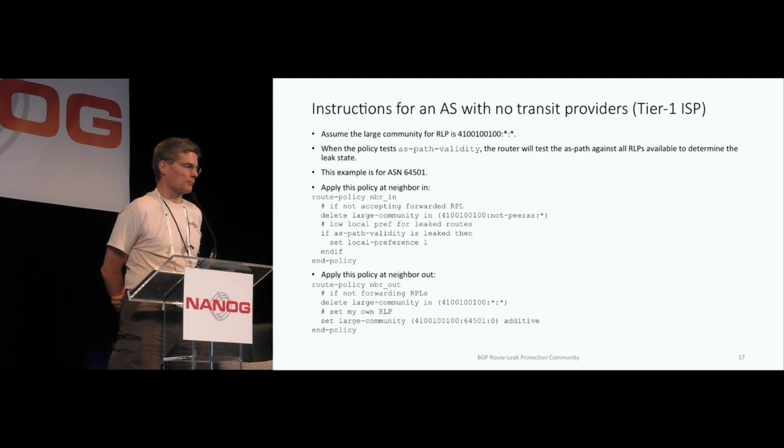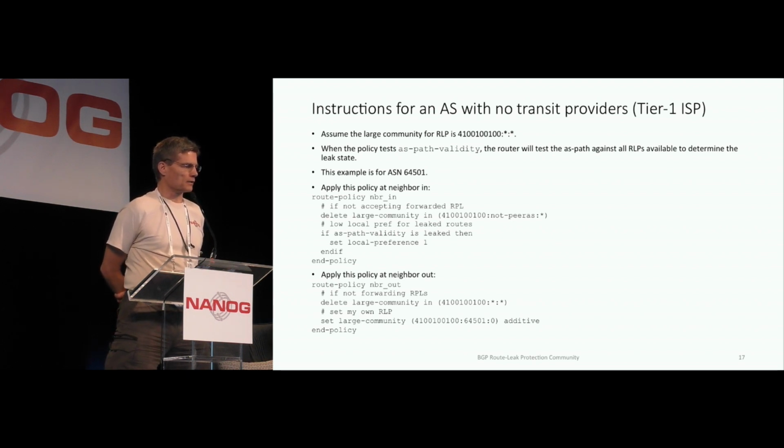The example here is if the AS path validity, which is that bit that the software sets, is leaked, then set your local preference. You could do other things, you could drop it, or you could just make it totally invalid, sort of like a route that's unreachable.